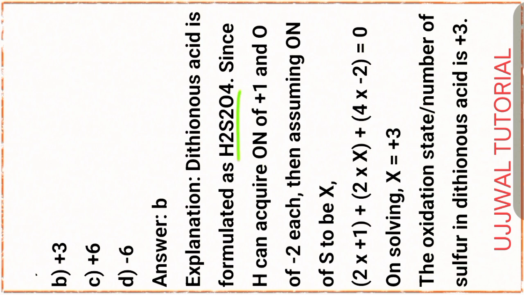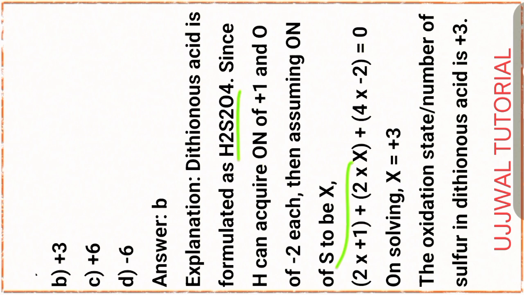Since H has an oxidation number of +1 and oxygen of -2, let the oxidation number of sulfur be x.